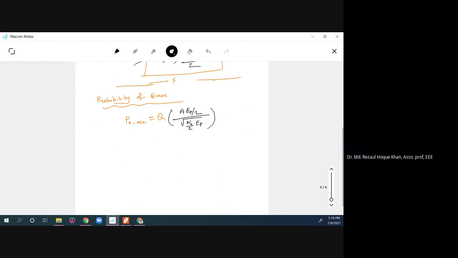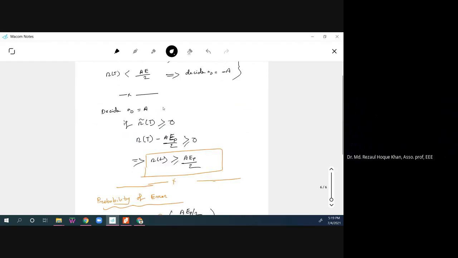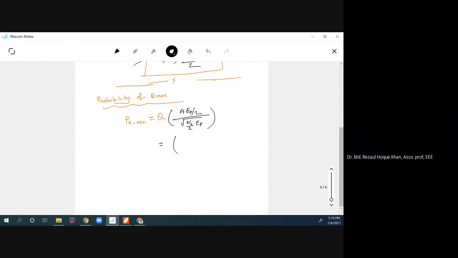Just by modifying it, we can write A squared E_p by 2 N0.